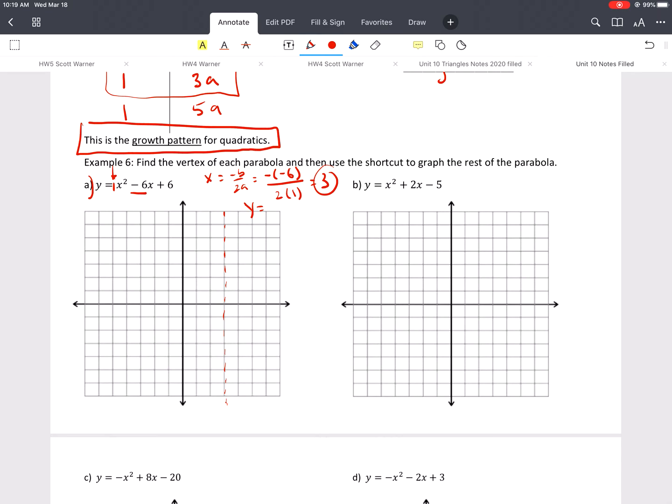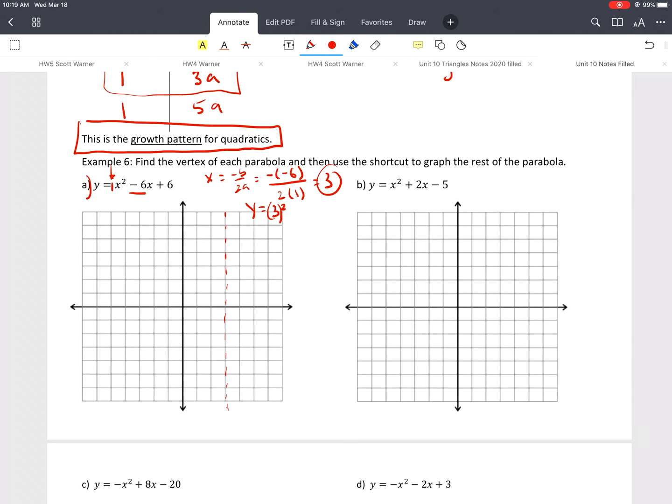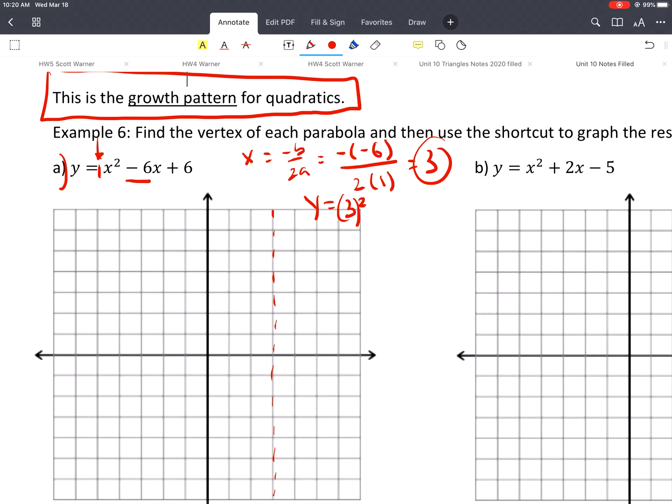y is equal to 3 squared, let me zoom in a little bit for you, minus 6 times 3 plus 6. So that gives you 9 minus 18 plus 6, which gives you 2.